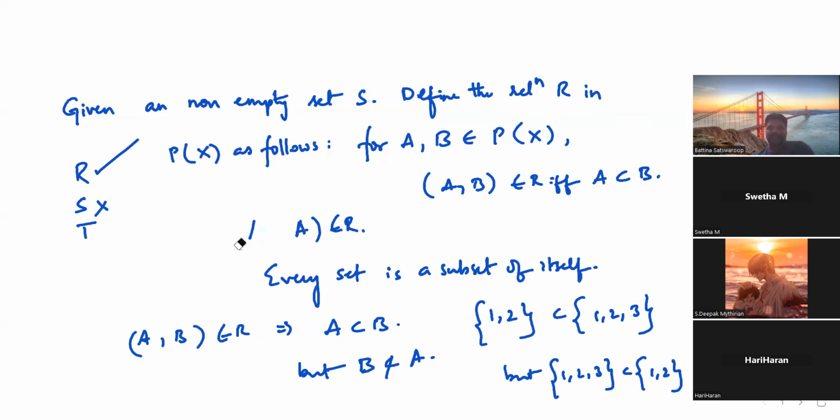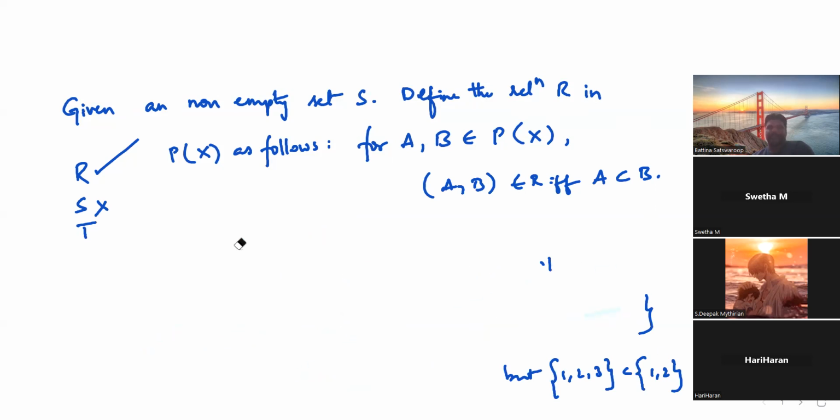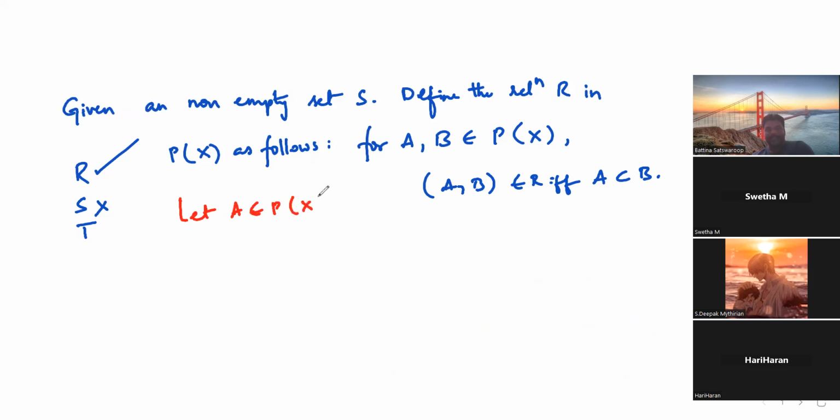What else we need to show is transitive. Once you write it neatly, this is how you should write: let A belongs to P of X, then A is a subset of A implies A, A belongs to R, therefore R is reflexive. Then they asked to show transitive.